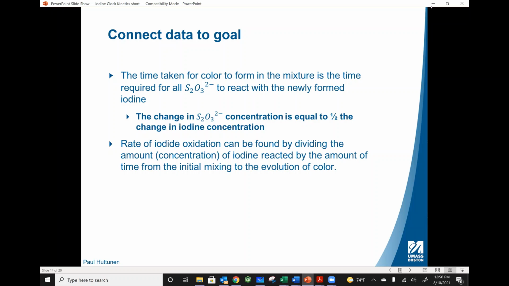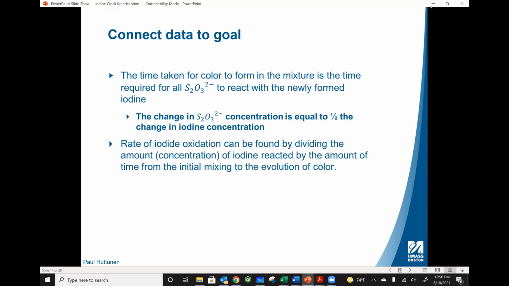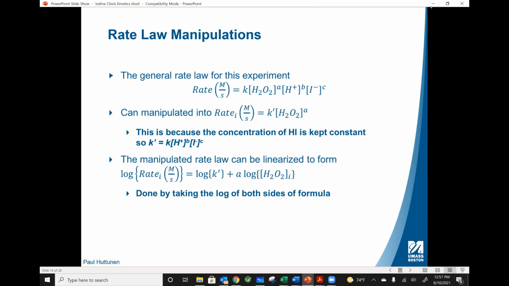And the change in the thiosulfate concentration is equal to half of the change in the iodine concentration. So we will use that to figure out how much iodine was consumed, and therefore how much hydrogen peroxide was consumed.